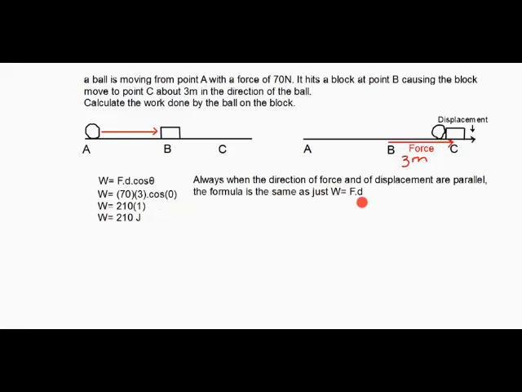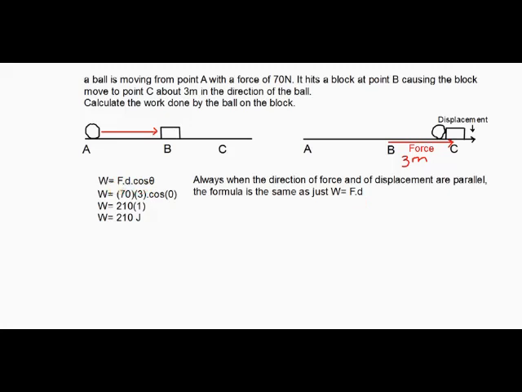But for your benefit, we'll say work is equal to force times displacement times cos theta. This is the formula for work; always when you calculate work, you have to use this formula.